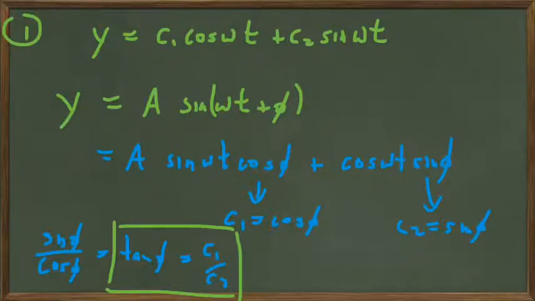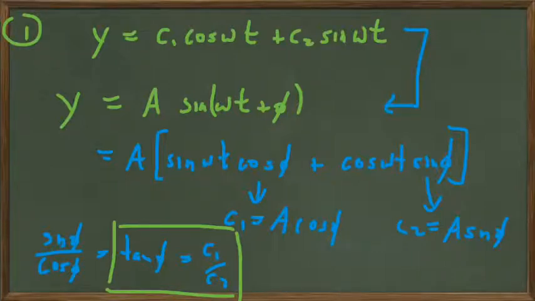The other requirement is that, there is a mistake here, I need to fix this. C1 needs to equal A times cosine of phi, and C2 needs to equal A times sine of phi, or we're not going to be able to transform this version of the solution into this form of the solution.